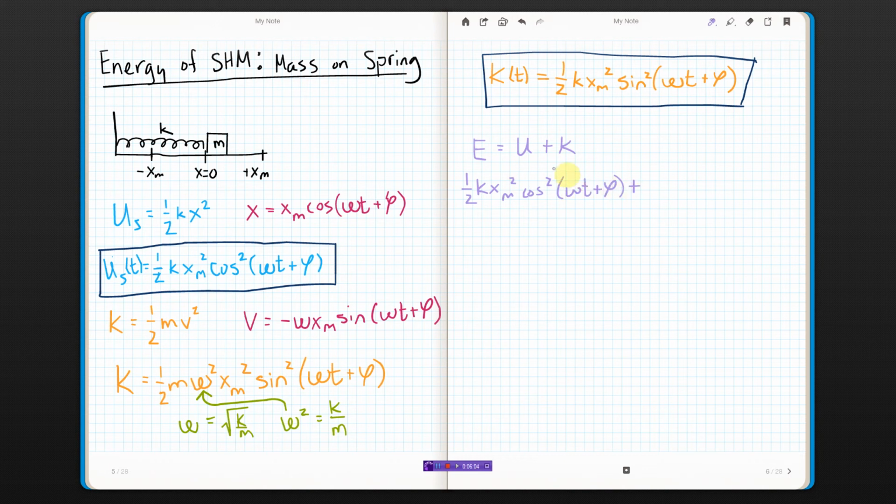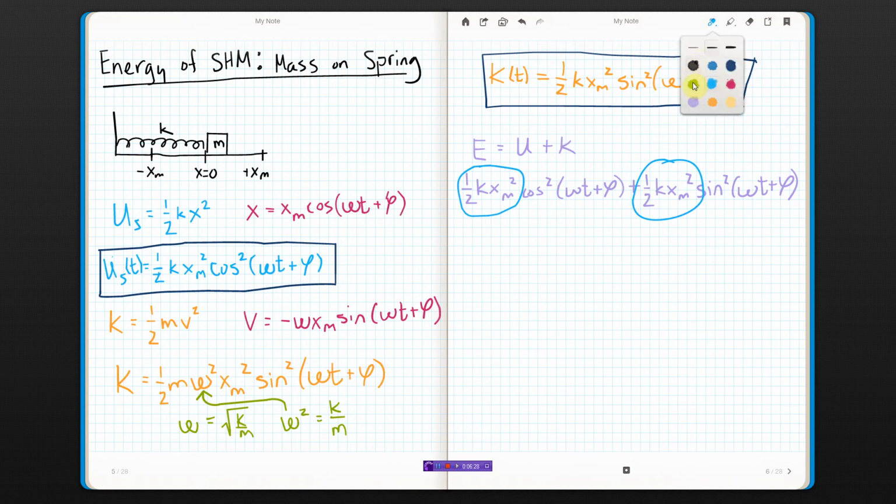Then I've got kinetic is 1/2 k x_m squared sine squared of omega t plus phi. Notice both terms have this out in the front, so I'm going to factor that out.